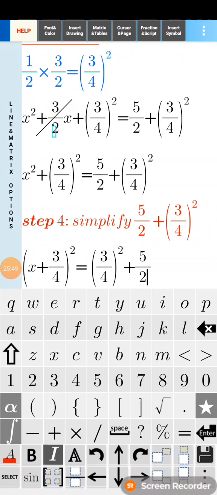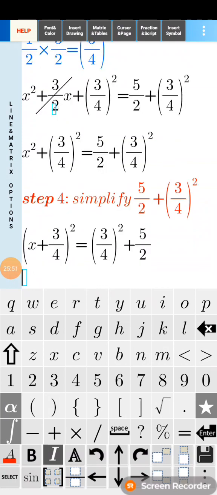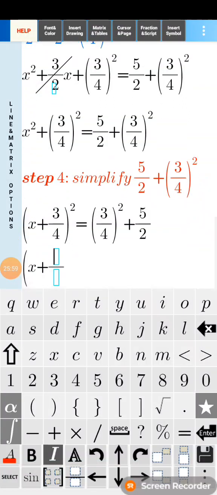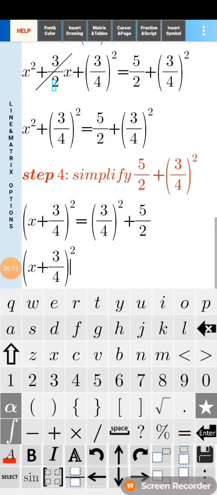Now let's simplify. We still have to write this bracket also. Open bracket x plus 3/4, close bracket raised to power 2, equal to.